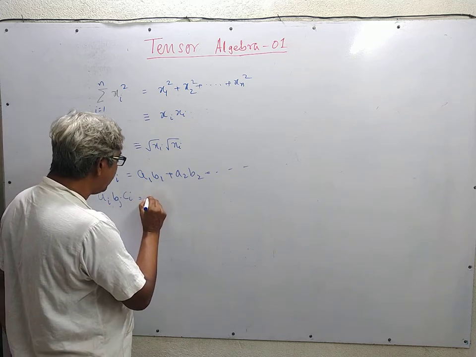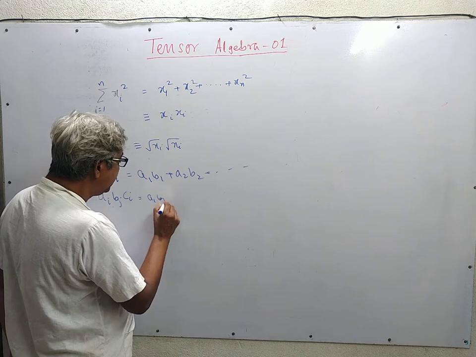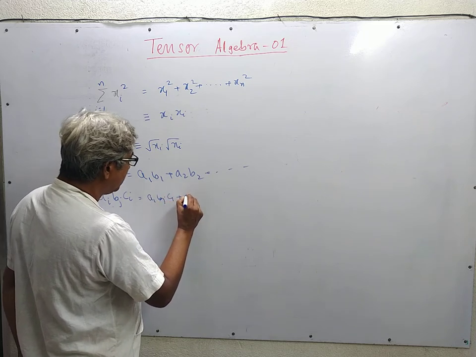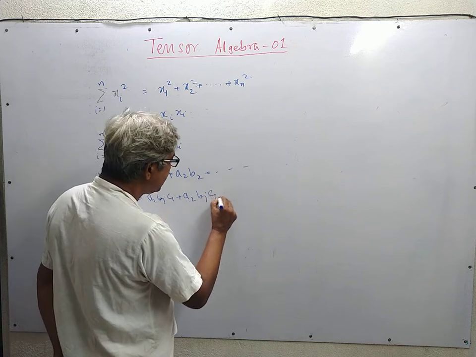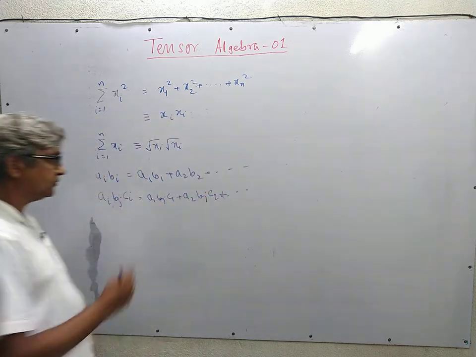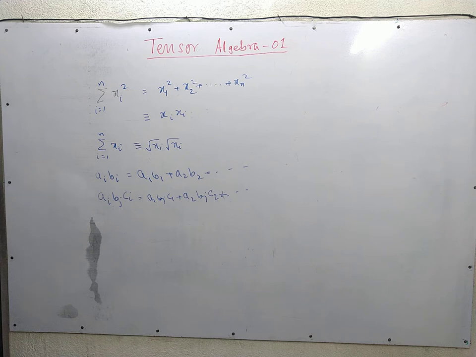So we have A1 Bj C1 plus A2 Bj C2 and so on. This is the Einstein summation convention, which will be used extensively in this discussion.